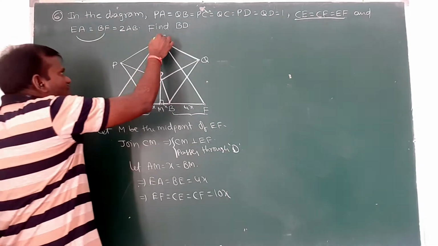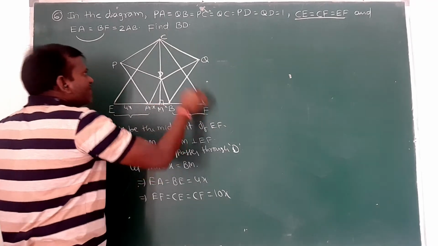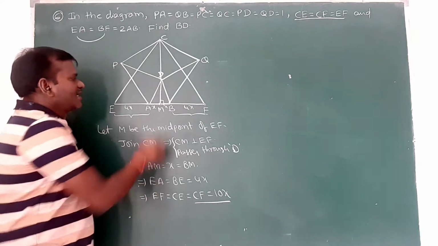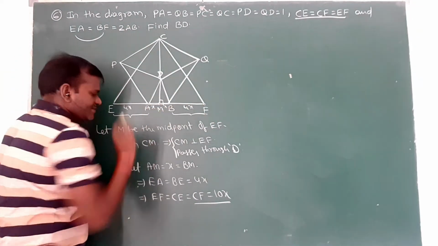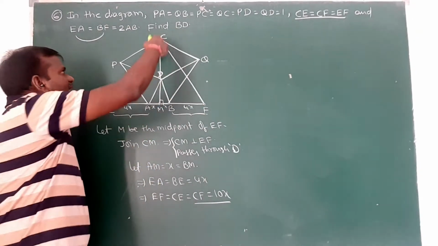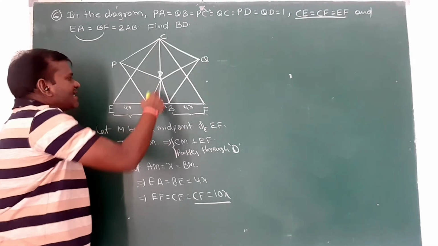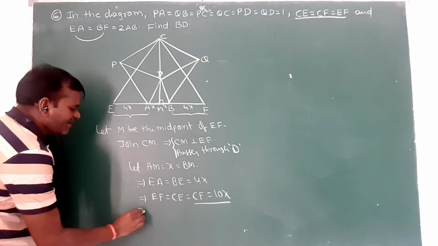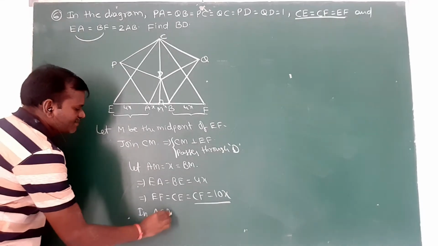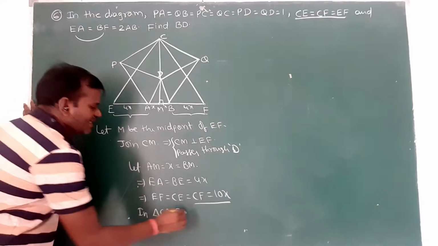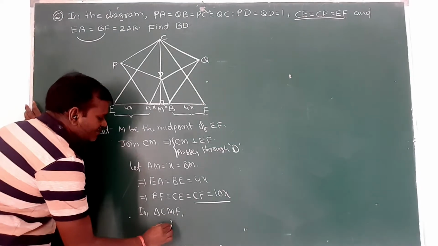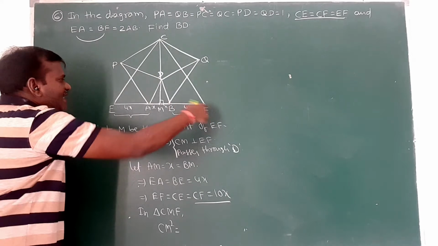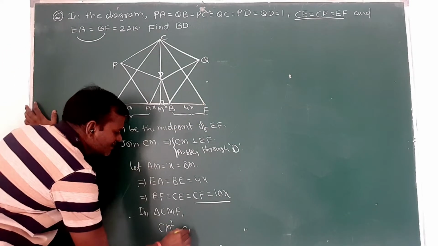So in triangle CMF, I know that CF length is 10x, and also MF length is 5x. So in triangle CMF, I can find the length of CM here. It is a right angle triangle, so CM square is equal to CF square minus MF square.